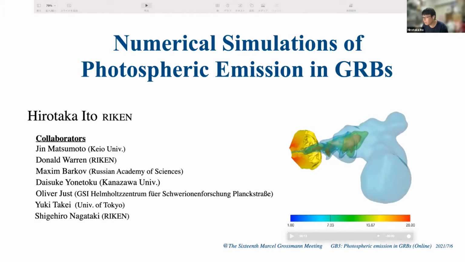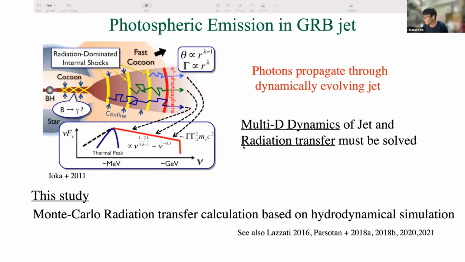Okay, so let me start my talk by introducing the motivation of my study. As presented in yesterday's session, photospheric emission is considered as one of the leading models for the emission mechanism of GRBs.